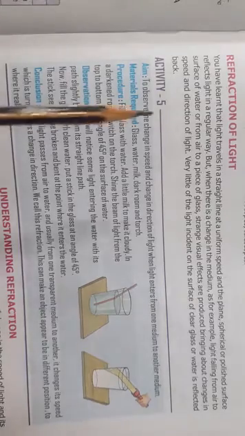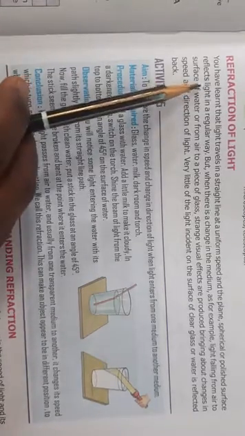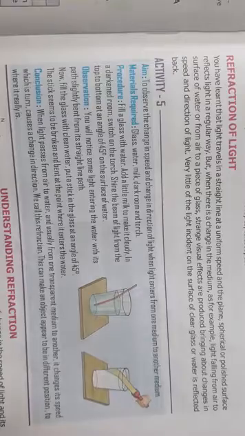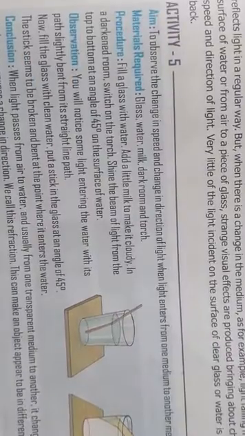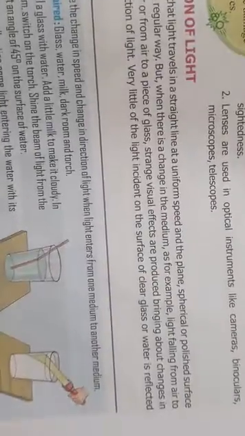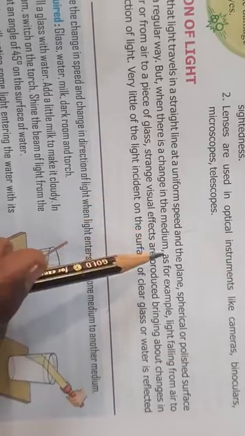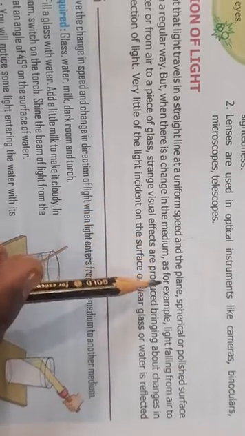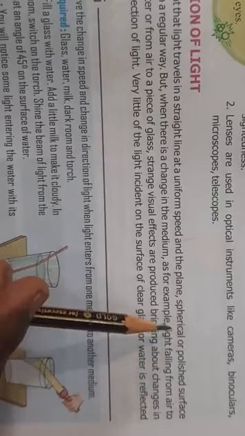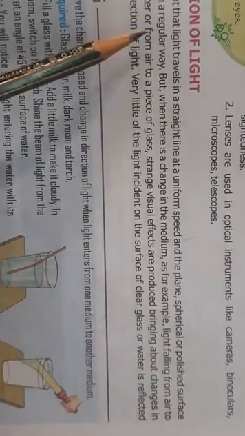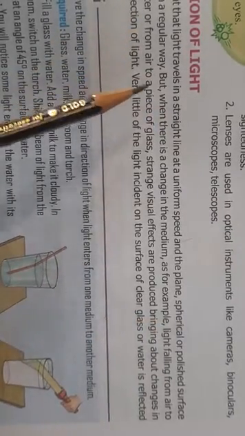Good morning, students. Today we'll learn refraction of light. Till now, we studied that light always travels in a straight line at a uniform speed, and the plane, spherical, or polished surface reflects the light in a regular way.